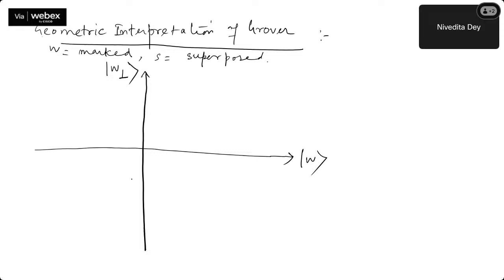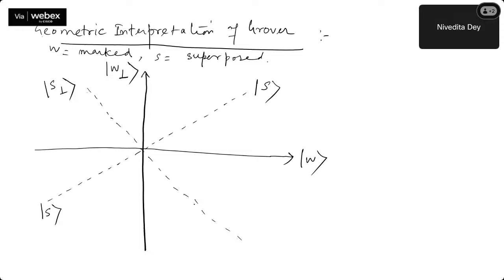And this one is, say, for example, my S. So this is ket S. And if this is ket S, then perpendicular to S will be somewhere like this. The angle will be 90 degrees. So it is S perpendicular.